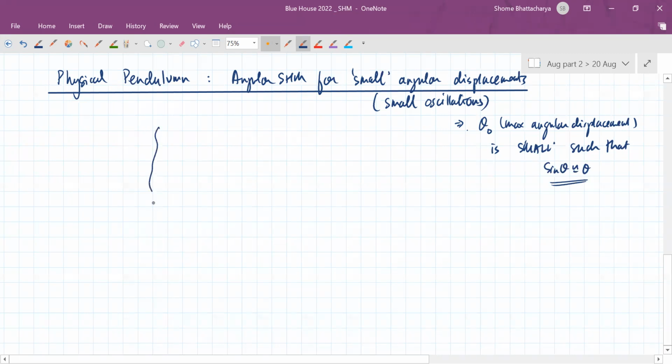So we had seen that if you have a pendulum, or a rigid body of any shape, which is suspended from the point P, such that its center of mass is C, then this is the equilibrium position.